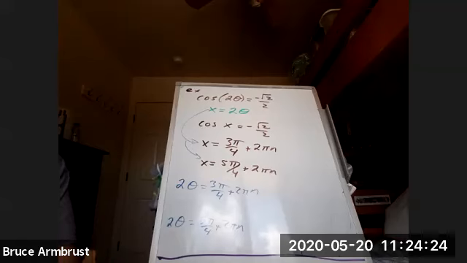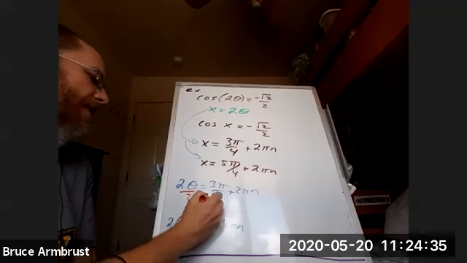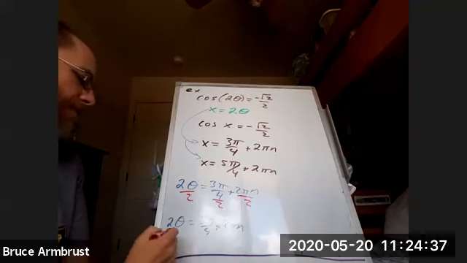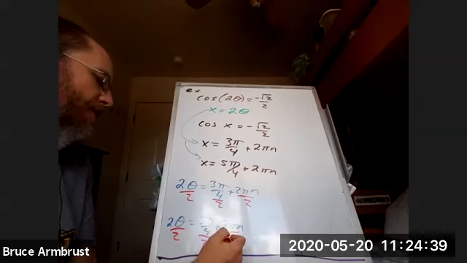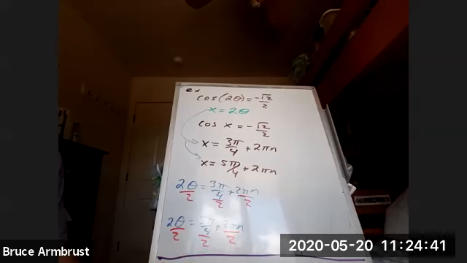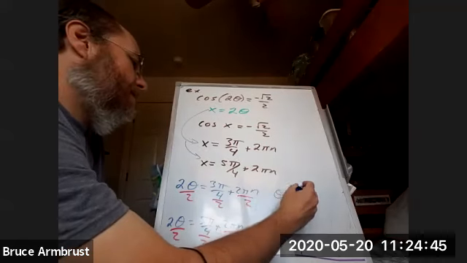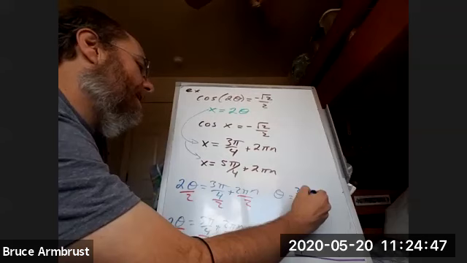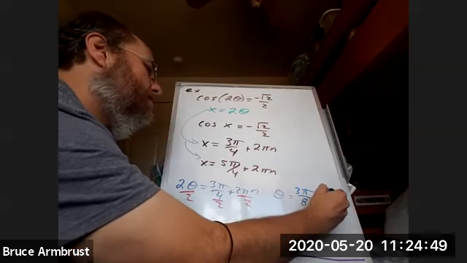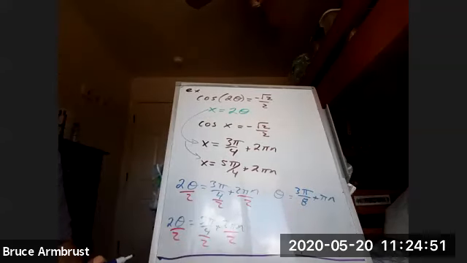And you're not actually done with this until you get your letter all by itself. So we need theta equals, which in this case means we need to divide by 2. So if I take everything here and divide it by 2, I'm going to do the same thing in this other equation. What I end up with is that theta is equal to 3 pi over 8 plus pi n.